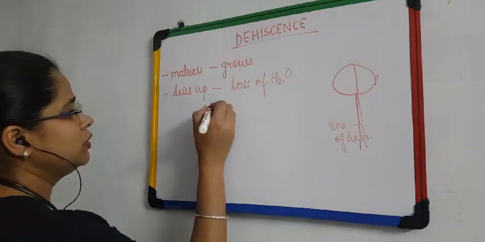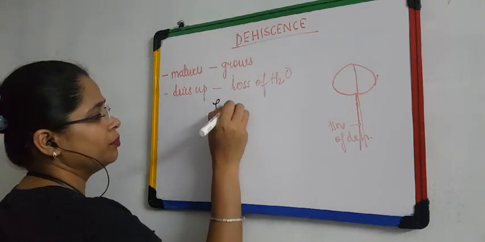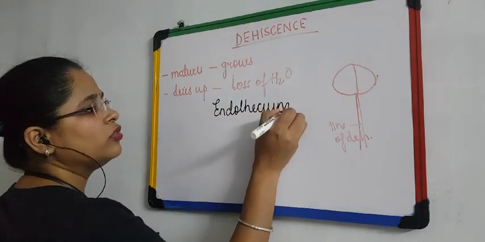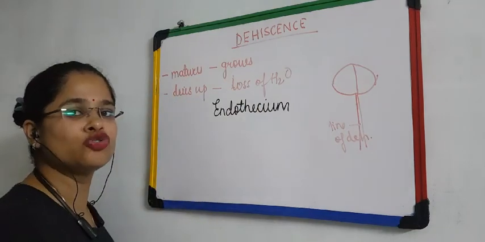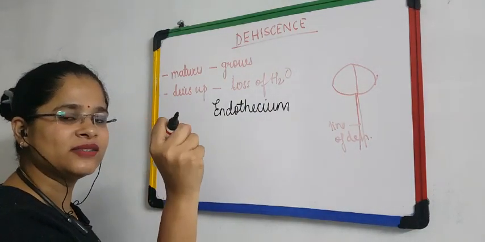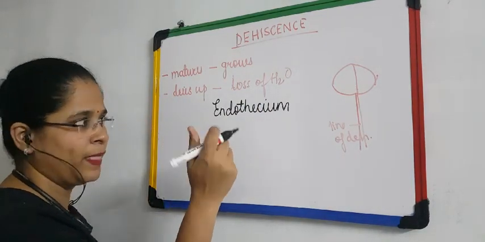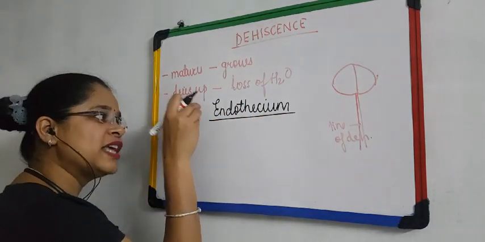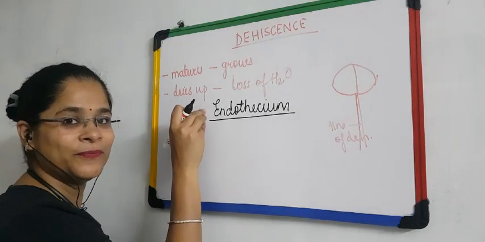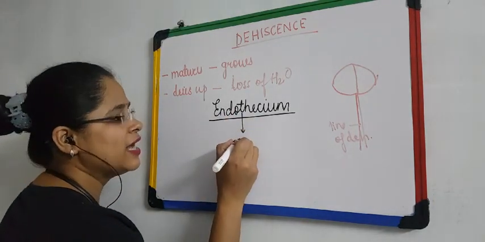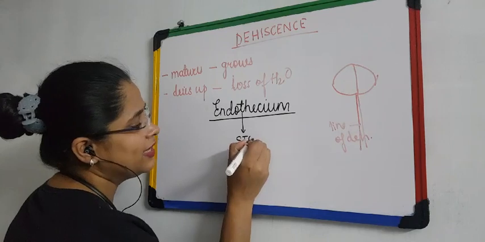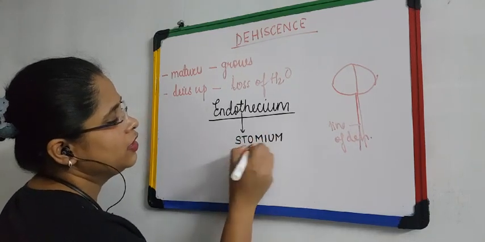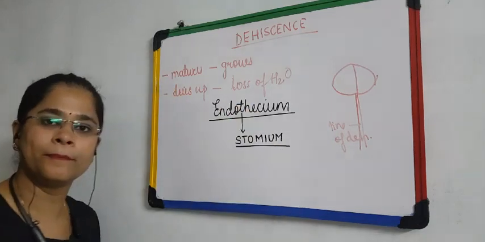Now comes the endothecium, which is already dead. Now this endothecium, because of its hygroscopic nature, dries up, it contracts. And there are places on the anther where this endothecium is absent. And the places where this endothecium is absent are small pores, and we call them stomium.